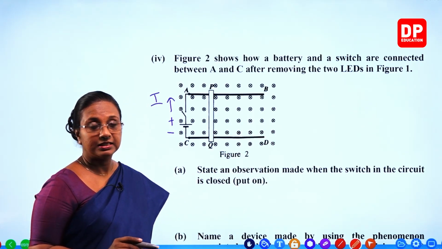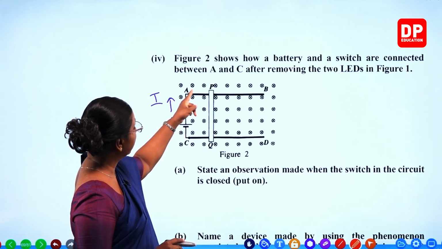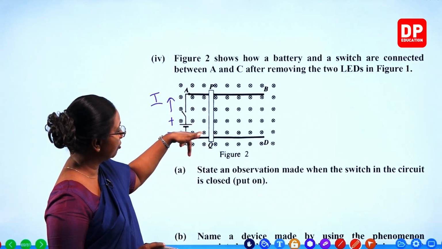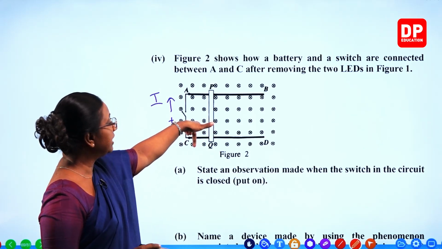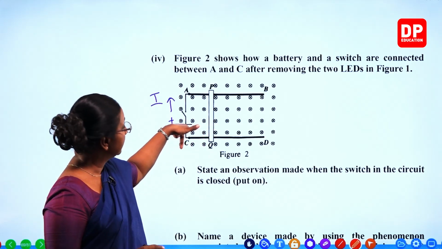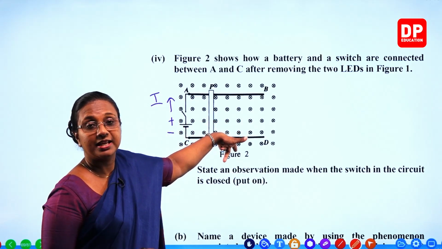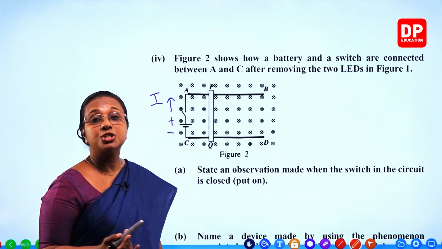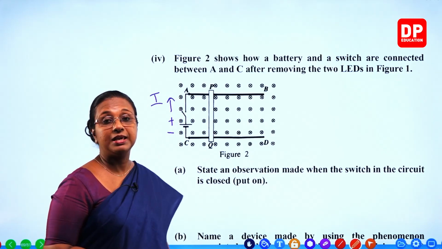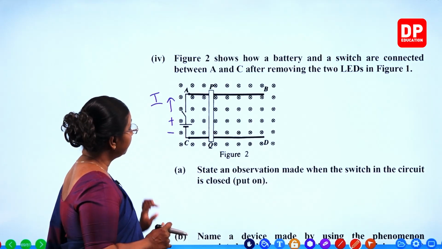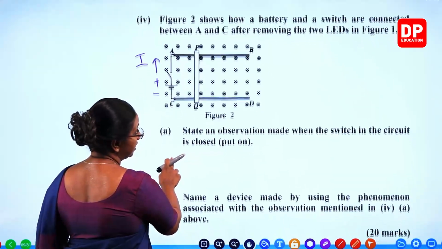Is that clear? Therefore, the thumb points towards the right side. So, that will be the direction of movement of the rod PQ. Is that clear, student?